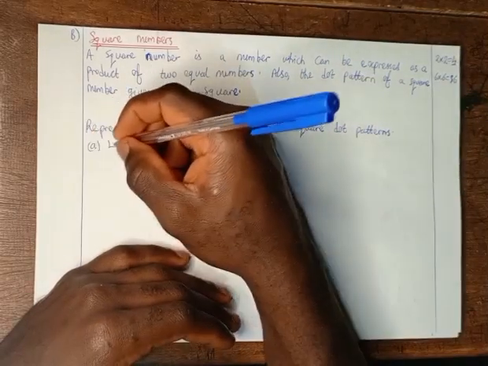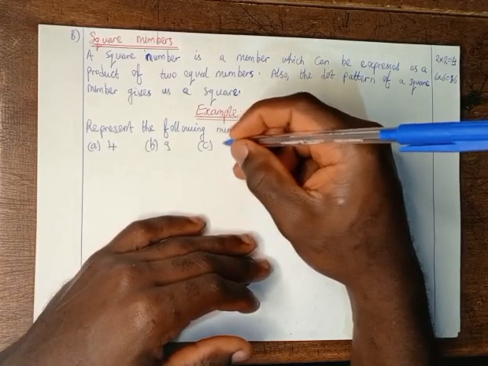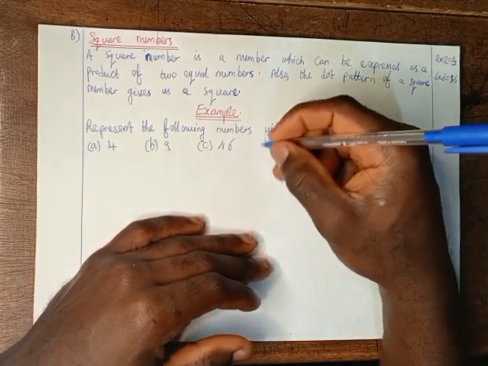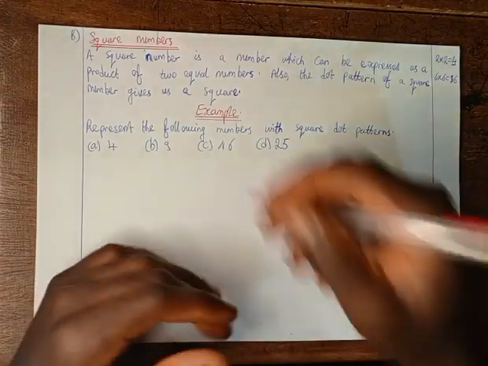We have the number A, 4, B, 9, C, 16, and lastly D, 25. We're going to take down the solution.